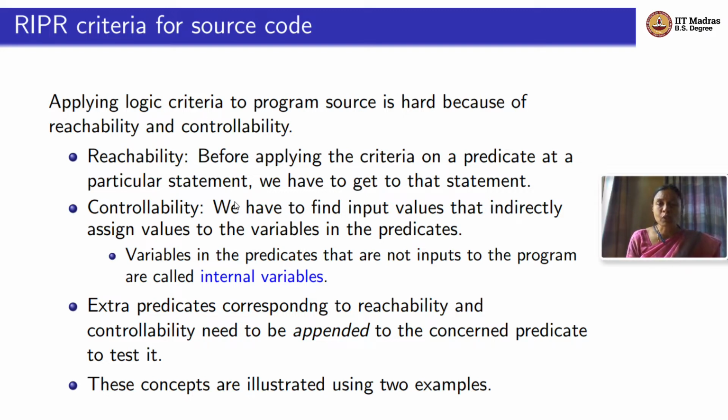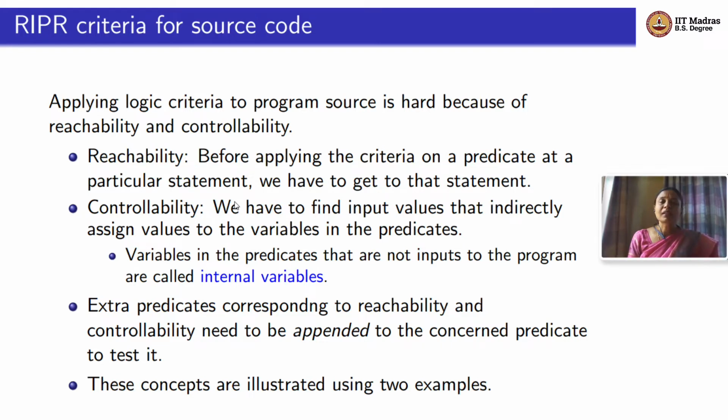Let's say you have a few thousand lines of source code, and that logical predicate is a few hundred lines away. And to reach that, you might have to test a few of the predicates before that, true and false, based on the path that it takes. Maybe it also involves a few function calls. So, reaching that particular decision statement containing the logical predicate that you want to test can be challenging. How do I give test input such that I can reach that statement?